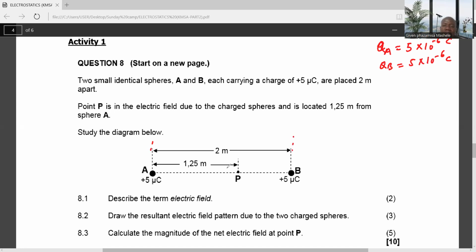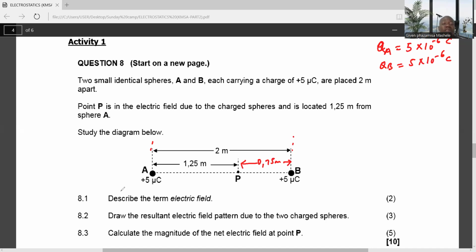From A to P, we're told that the distance is 1.25. So from P to B, that will be 2 minus 1.25, which is 0.75. It means the distance between P and B is 0.75.